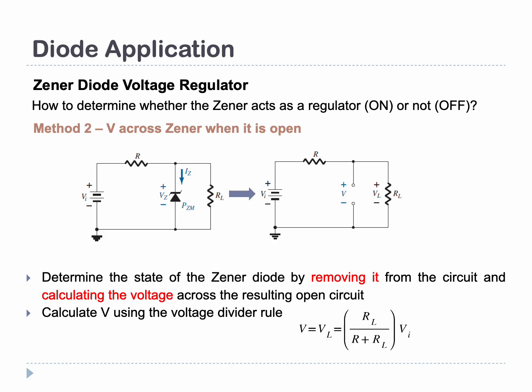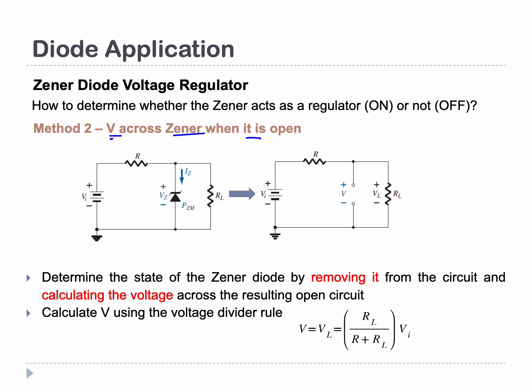Now another method. Actually for me, this method looks the same as the Thevenin theorem. Method number 2, instead of being named Thevenin theorem, is actually using the voltage across the zener when it is open.